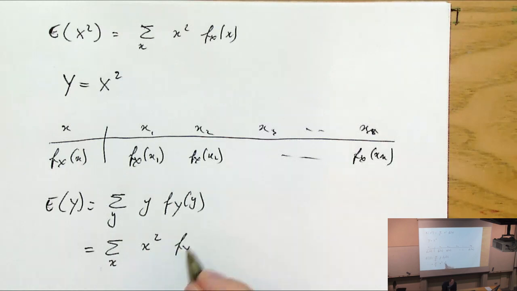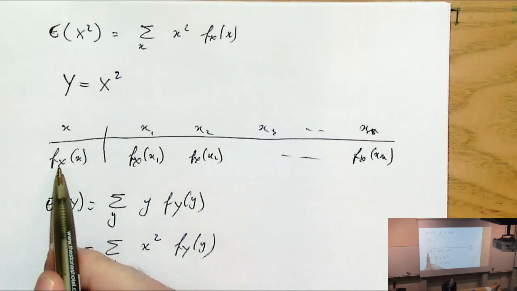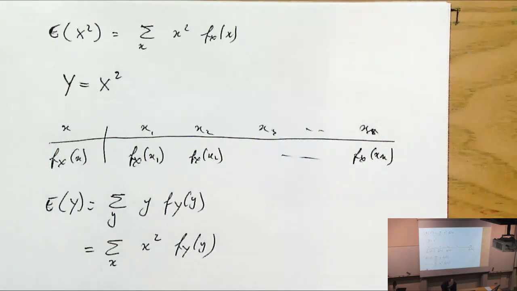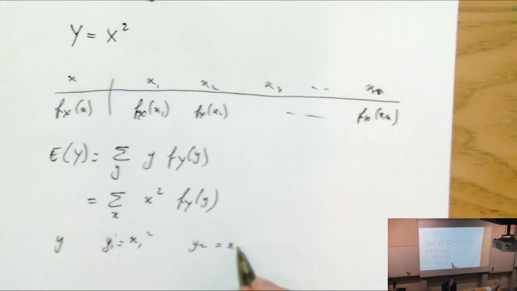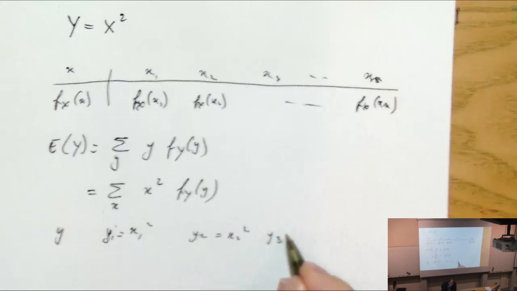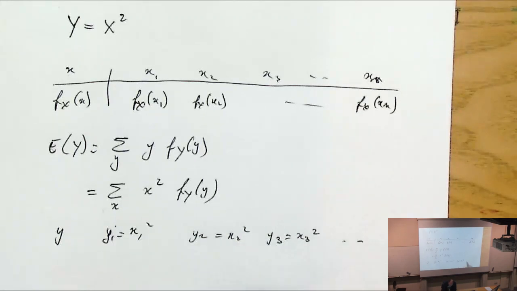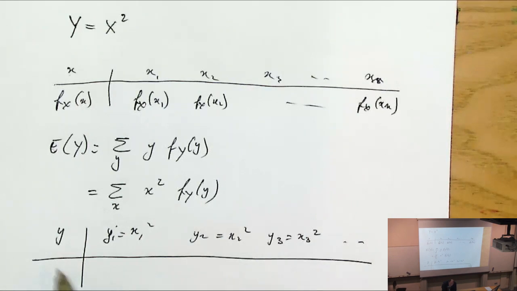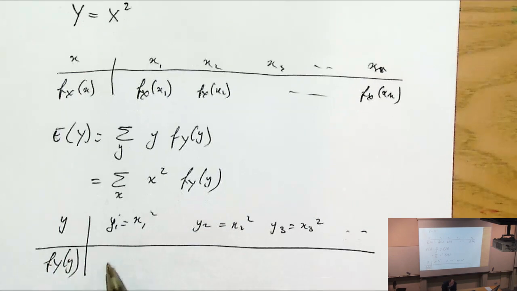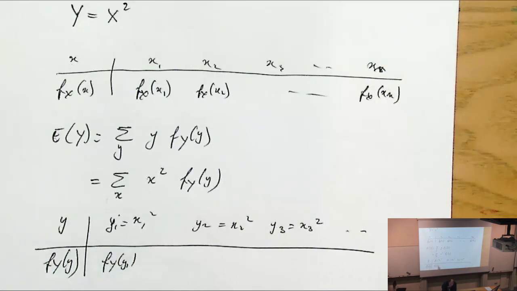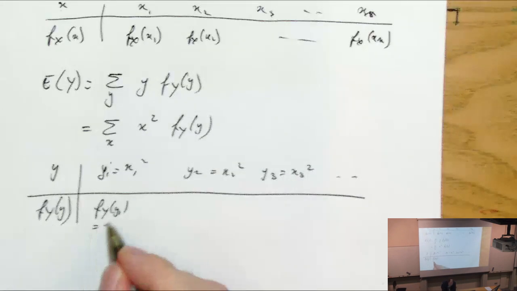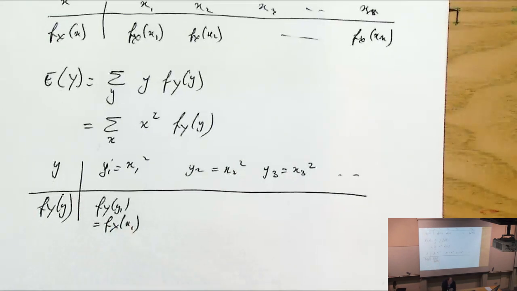And now what is fy of y? Well, y will take the value x1 squared, this is y1, right? y2 will take value x2 squared, y3 will take value x3 squared, and so on. What is the probability of y occurring? This is fy at y1. This is actually the same as the probability of x1 occurring, right?